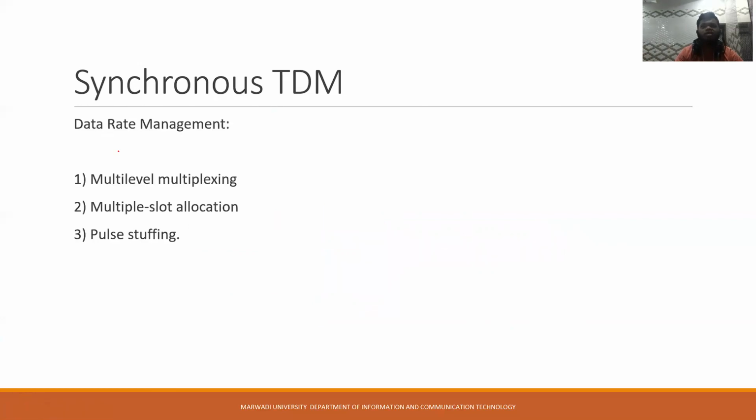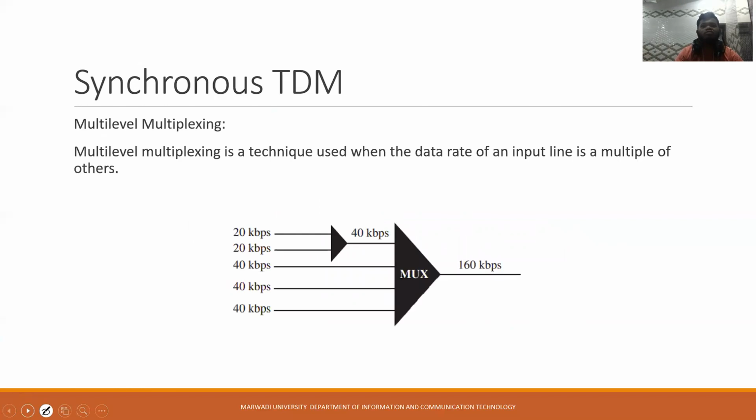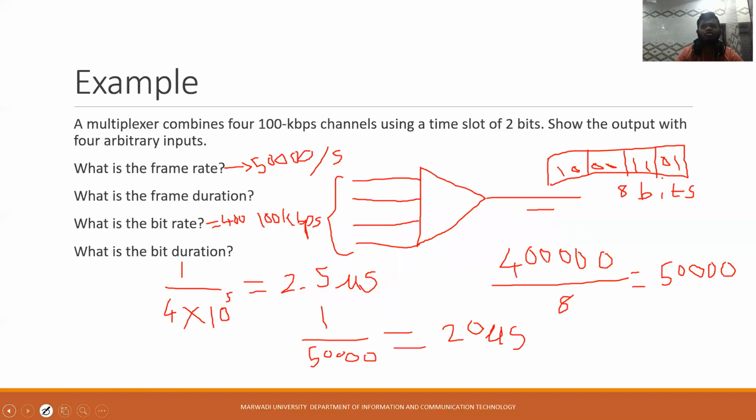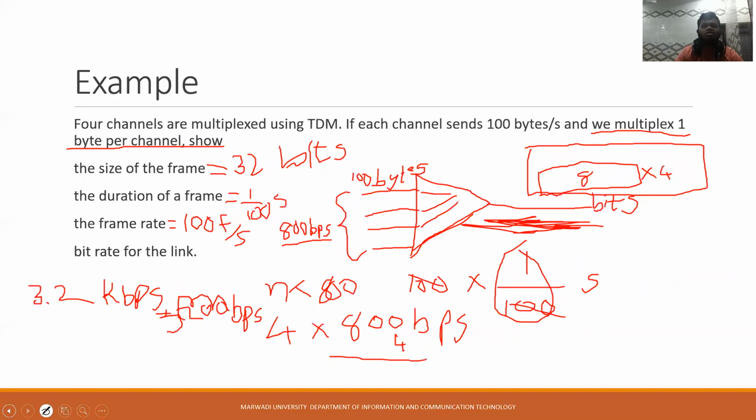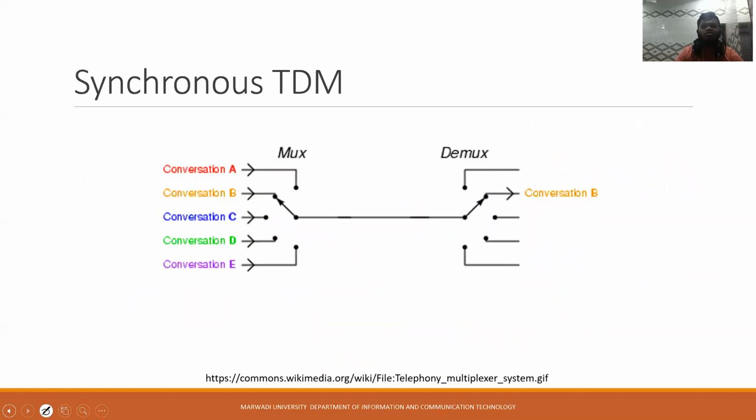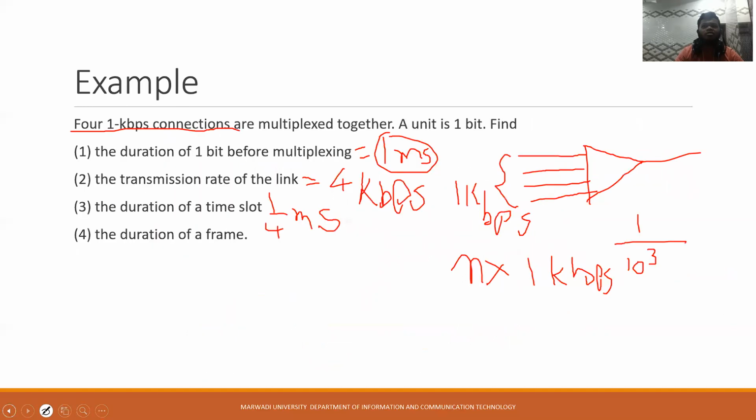Then we have data rate management. One more practical problem we might face is, in all the previous examples, there was a common data rate in all the input lines. For example, here we have 100 kbps for each channel, here 100 bytes for each channel, and here 1 kbps for each channel.